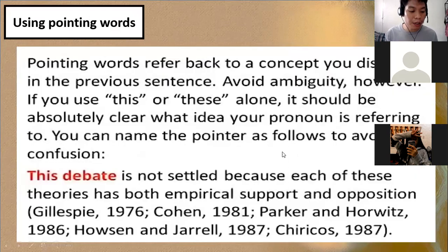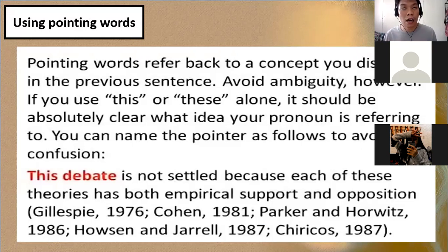Then using pointing words. Pointing words refer back to a concept you discussed in the previous sentence. Avoid ambiguity. If you use this or that alone, it should be absolutely clear what idea your pronoun is referring to. You can name the pointer to avoid confusion. So when we use pointer words, you need to be clear when it comes to using these linguistic cues or signal words, because it should be easily identified what you are referring to.